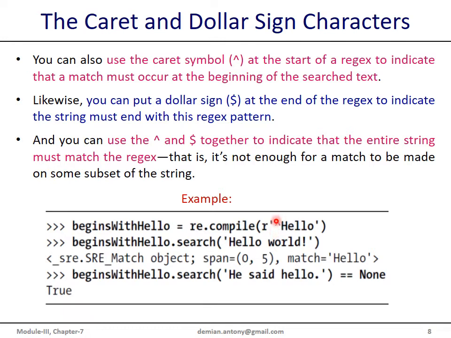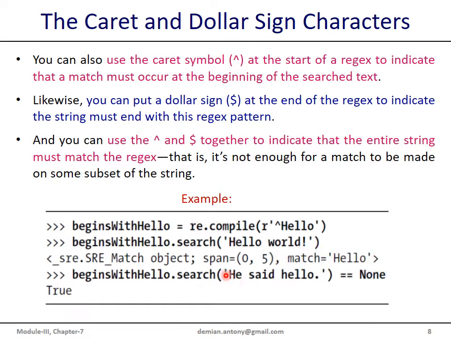Here we use the caret symbol at the beginning of the regular expression. It means that hello should be found at the beginning of the text, then only it will return a success and it returns hello as a matched pattern. With this example, we get the match as hello.